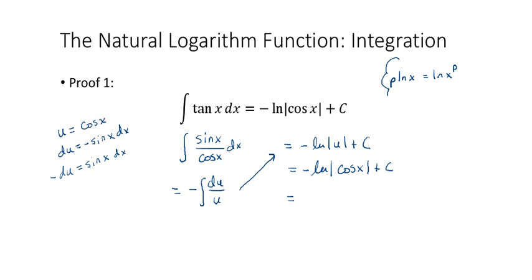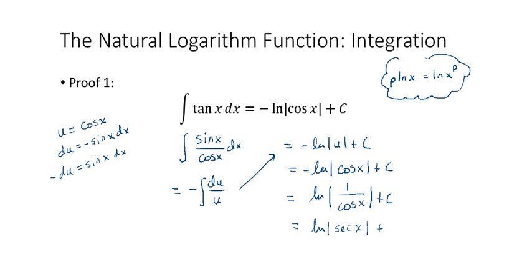Well, if we keep that in mind right here, we can rewrite this as the natural logarithm of 1 over cosine of x, and often you'll see this integral expressed as the natural logarithm of the secant of x, but we recognize that secant of x is the reciprocal of cosine, and therefore it is an equivalent expression. Very interesting.